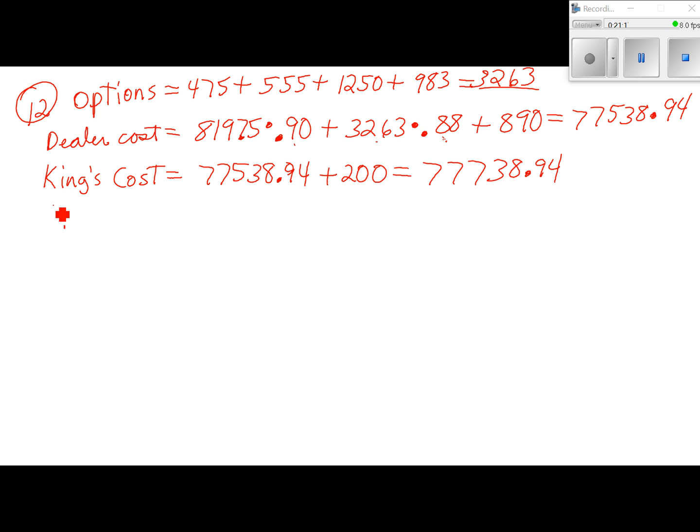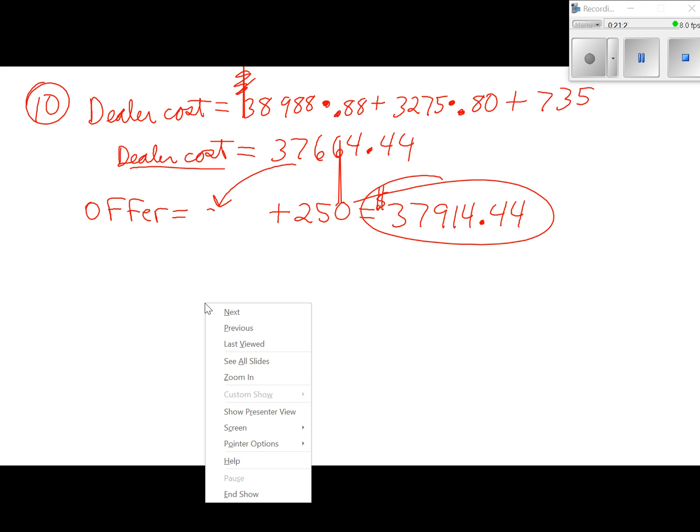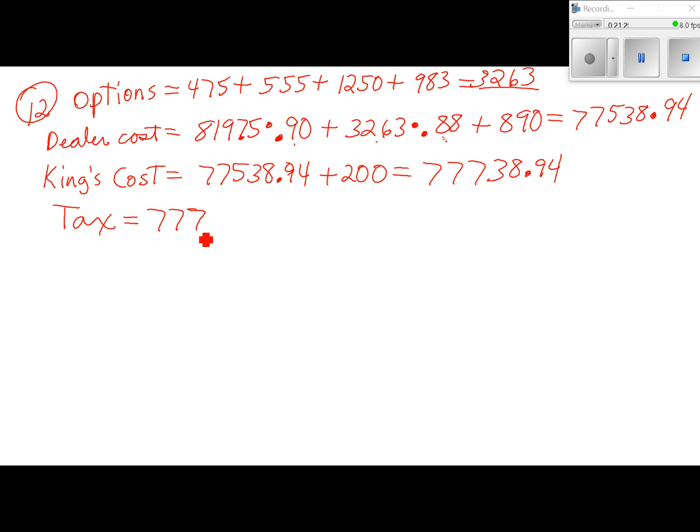So to find the tax, all we're gonna do is take the $77,738.94 and times it by the tax percentage that they told us. And on this problem, they told us that there was 6% sales tax, so 0.06.